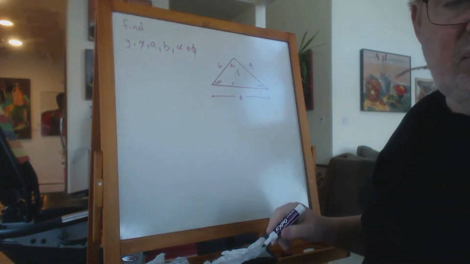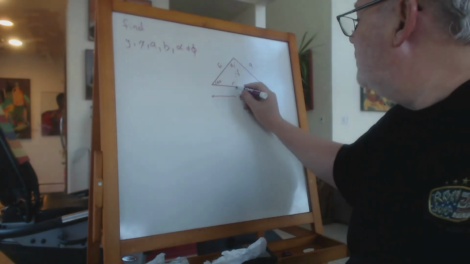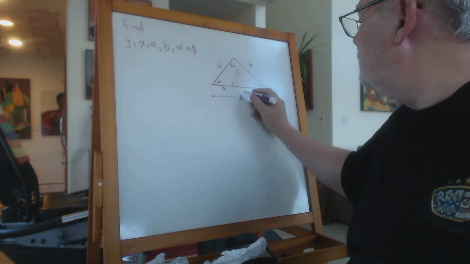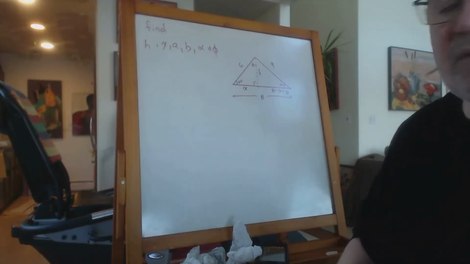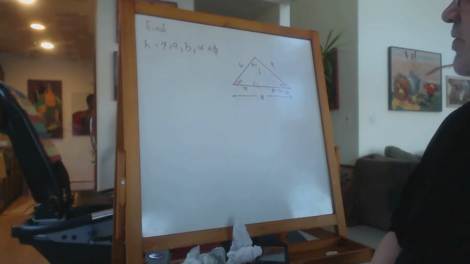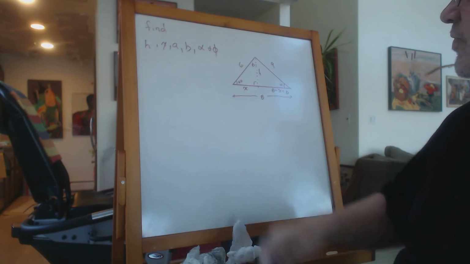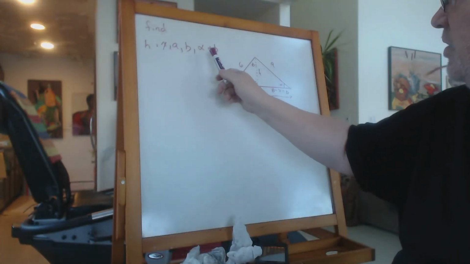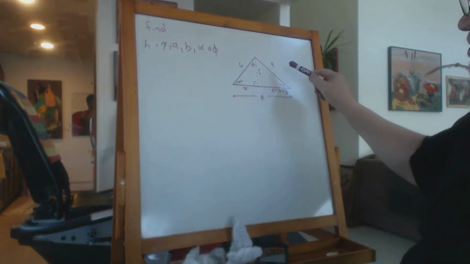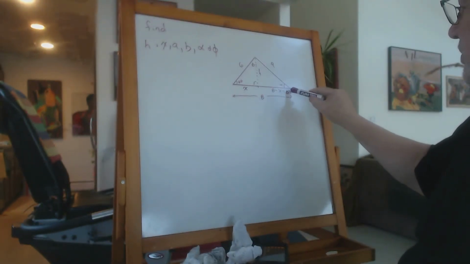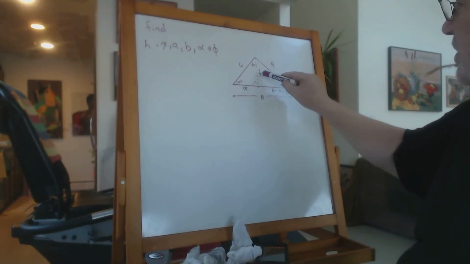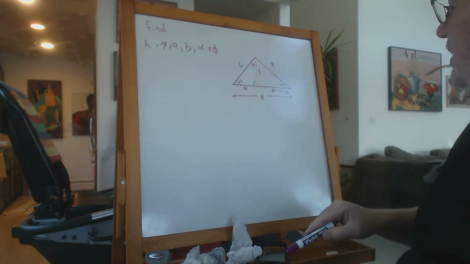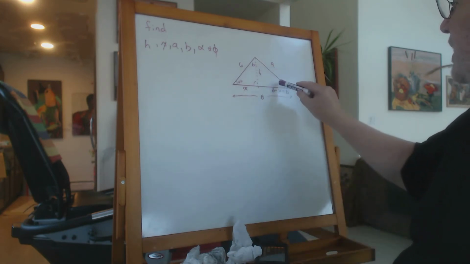Okay, so basically this divides that into x, and all right, so now we have our problem defined. We are to find h, x, a, b, alpha, and phi.